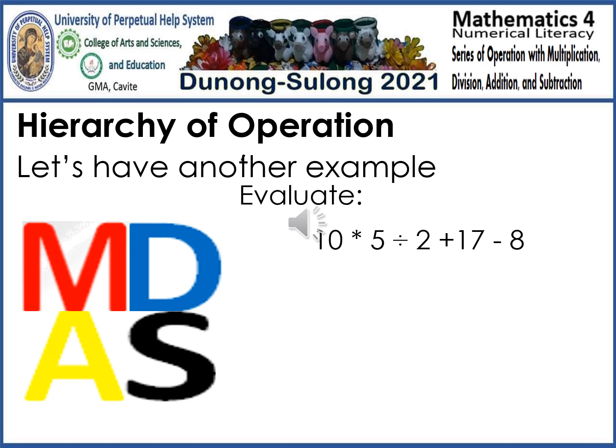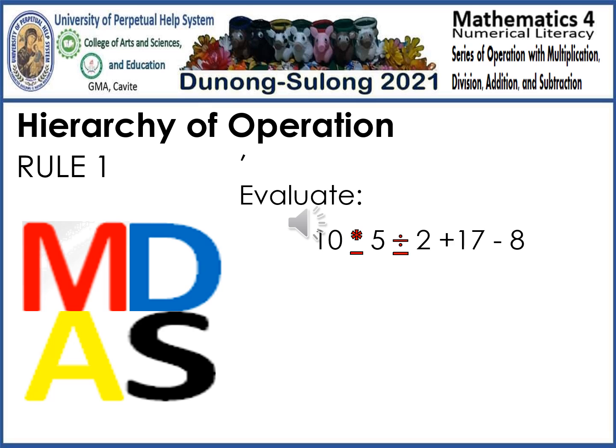Let's have another example. Evaluate 10 multiplied by 5 divided by 2 plus 17 minus 8. What do you think is the answer? So, let us calculate.